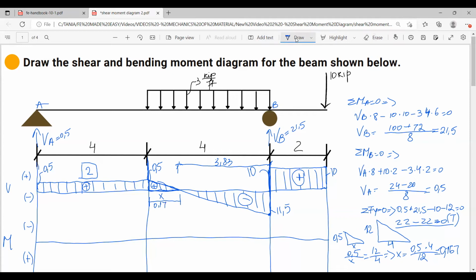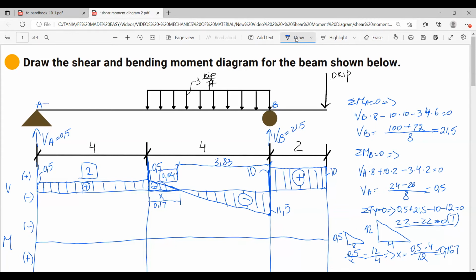Okay, so the area over here, we're going to have 0.5 times 0.17 divided by 2. So the area over here, I'm getting 0.04.